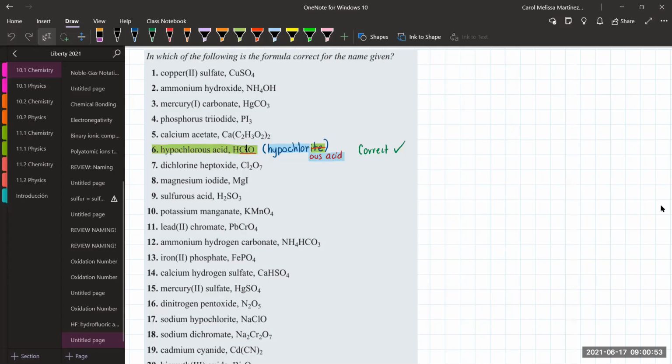Remember to always include the charges because sometimes the anion might look good, but the charge is not. For example, I'm gonna do this extra example. Take a look. What is the name of this acid?